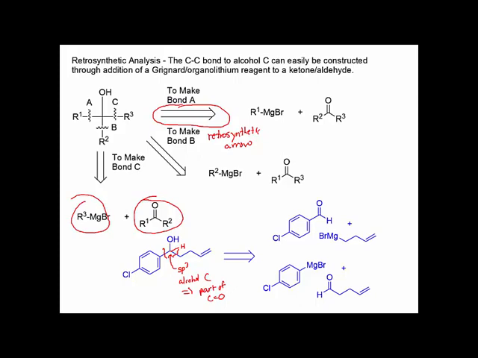We could take parachlorobenzaldehyde and this butynyl Grignard reagent, or we could take the Grignard reagent that has a parachlorophenyl group, and treat it with the aldehyde shown here. Since it's a secondary alcohol, this means that our precursor carbonyl compounds are aldehydes.